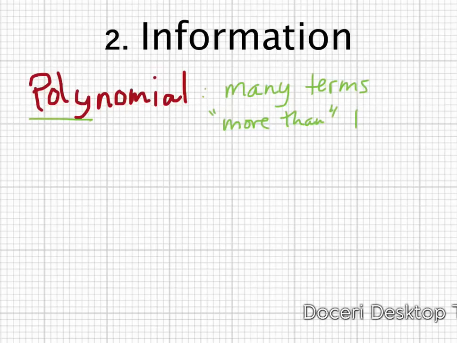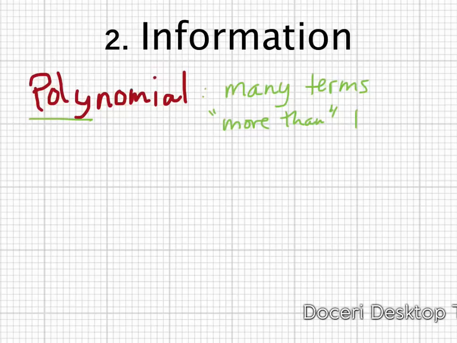So when we say monomial, we know what we're talking about. When we say binomial, we know we're talking about two terms. When we say trinomial, we're saying three terms. And a polynomial means I can have any amount of terms I want, basically more than one term.